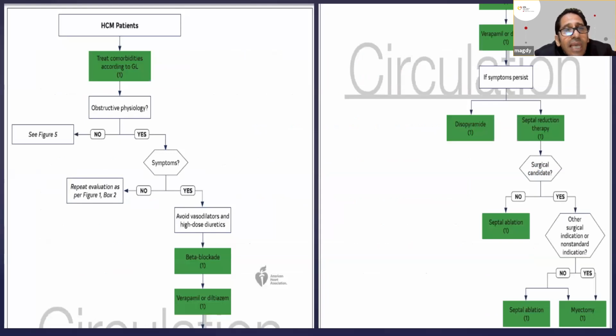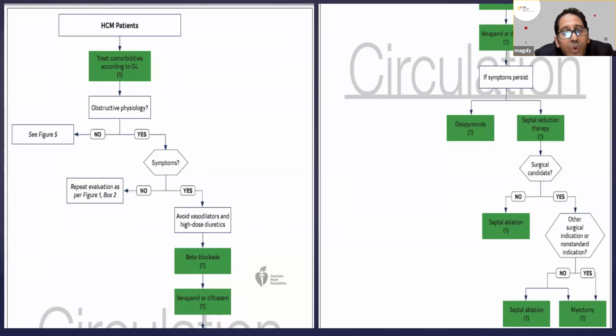So this is an interesting algorithm. For patients who have hypertrophic cardiomyopathy, treat comorbidities according to guidelines. If the patients have obstructive physiology with symptoms, we have to treat those patients with beta blockers, which are the cornerstone of treatment, and avoid vasodilators.